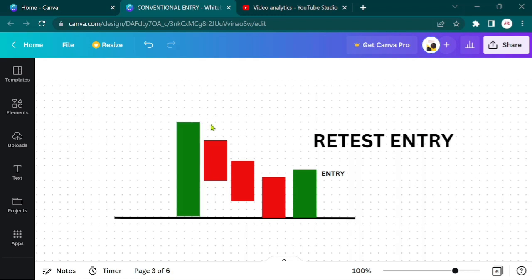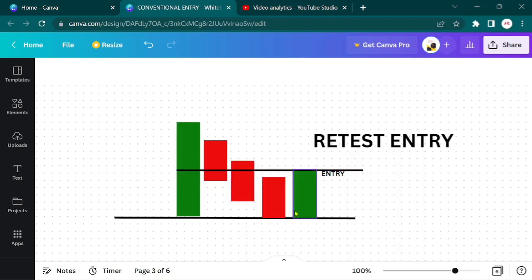Instead, they will wait for some retracement. Sometimes they will take entry at this point, which is 50% of the candle. See, this is 50% of the candle. They won't take entry here. They will come and take entry at the 50% of the big candle, that is here.